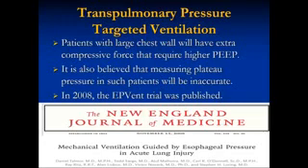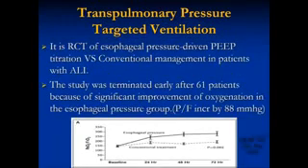It's called the EPVent trial, which had to stop after 61 patients. They were supposed to recruit 150 patients, but they stopped because of marked improvement of oxygenation in the patients receiving this esophageal pressure-guided therapy versus the conventional therapy.